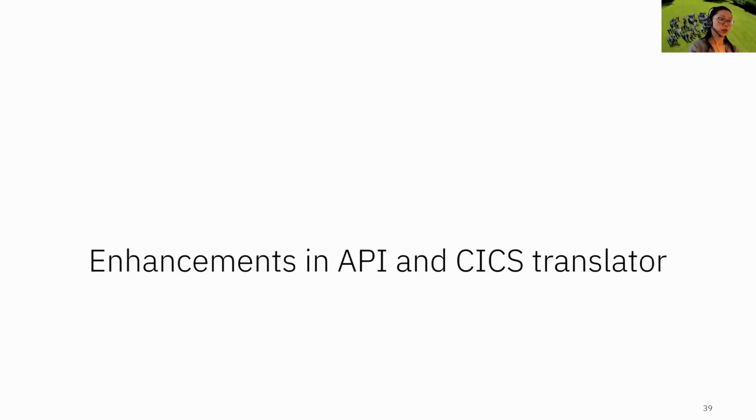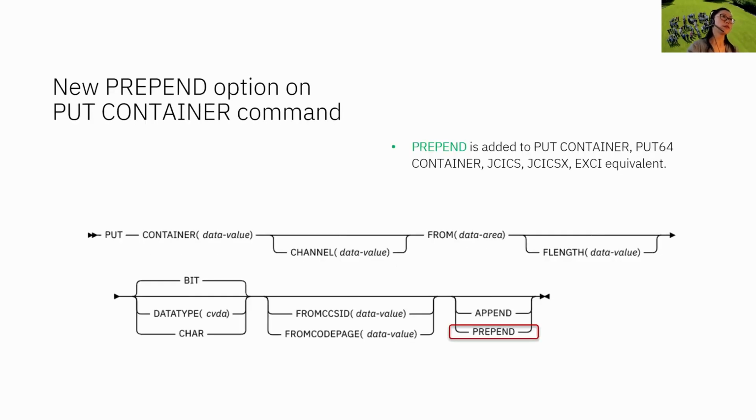The next section I'm going to show you is on the API and the CICS translator. We added one option to API put container. The new option is called prepend. It already has an append option, which means when you do the put container with append, you will put the data at the back, at the end of the existing data.